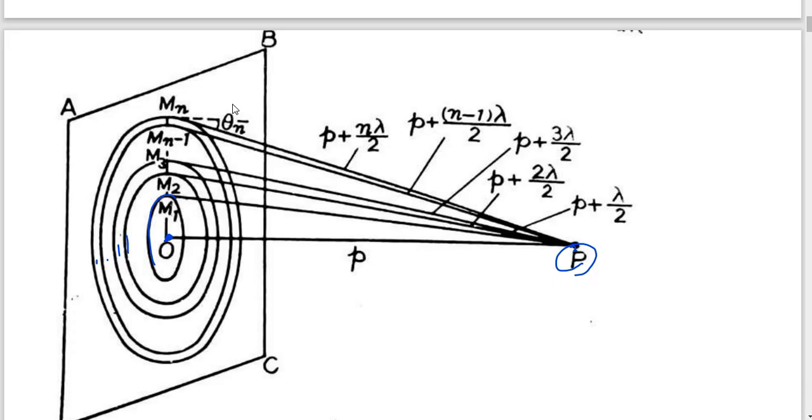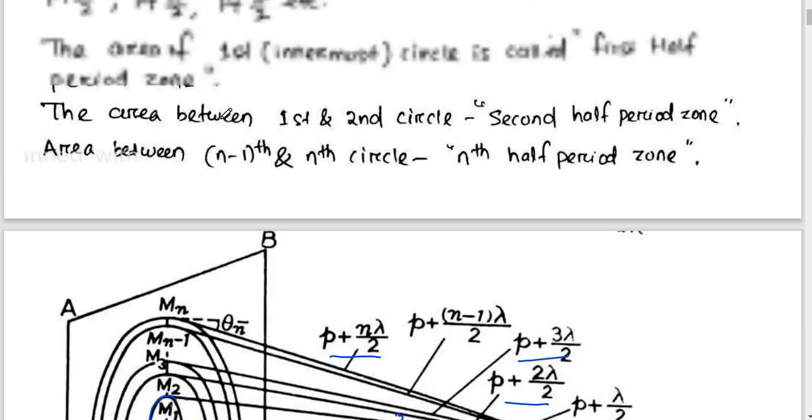The distance from point P to the first circle is p plus lambda by 2, the second is p plus 2 lambda by 2, the third is p plus 3 lambda by 2, and the last one is p plus n lambda by 2. These are the different lengths of the normals drawn towards the plane ABCD.